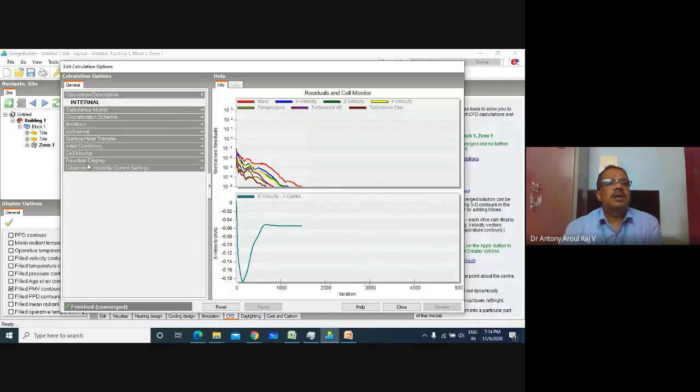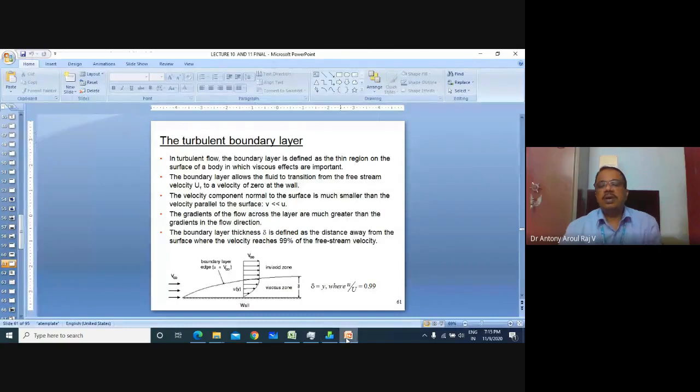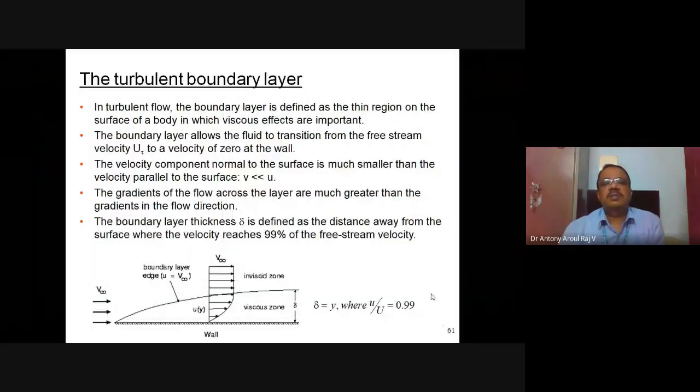So here the turbulence model is there: two k epsilon and the constant effective velocity. So the two models are there. What is this model and how do we have to understand it? That is what we are going to discuss next. It is going to be a very short discussion only. I'll just make you understand.